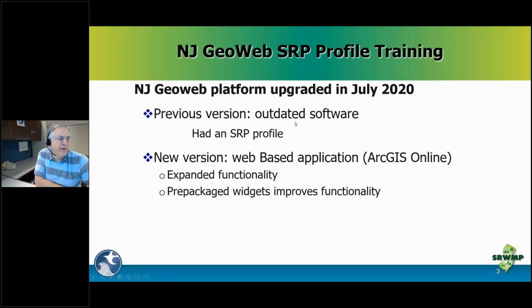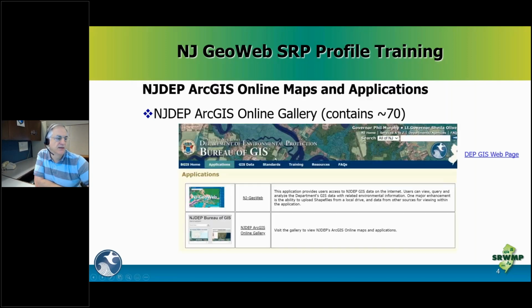It uses prepackaged widgets that we can control. It's customizable, so we can design it to hopefully support your needs. And the DEP has about 70 of these online maps and applications. We just launched our GIS webpage.